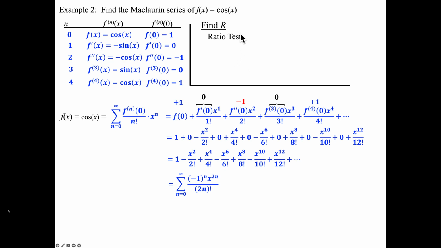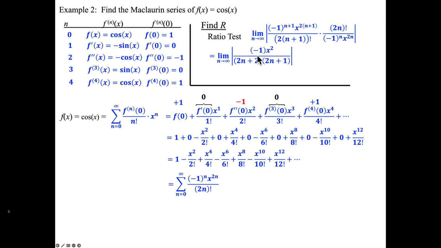If we were to find capital R doing the ratio test, -1 to the n plus 1, again, we're adding 1 to every n. So got to be careful here because this is 2 times n plus 1. So this is 2n plus 2, 2n plus 2. When we go ahead and cancel and reduce, x to the 2n plus 2 over x to the 2n is going to leave me an x squared.